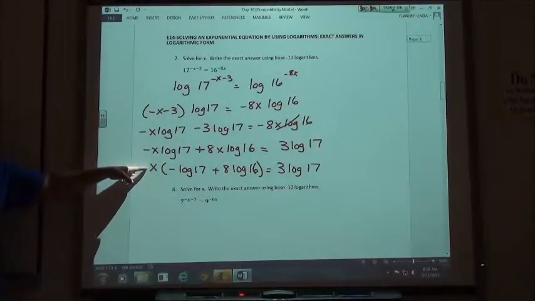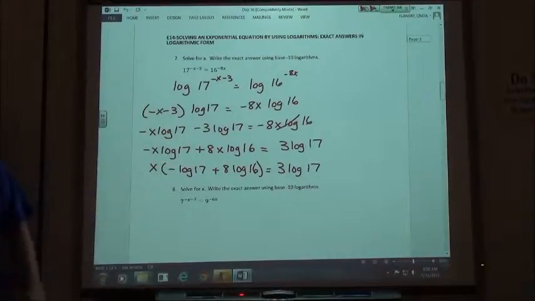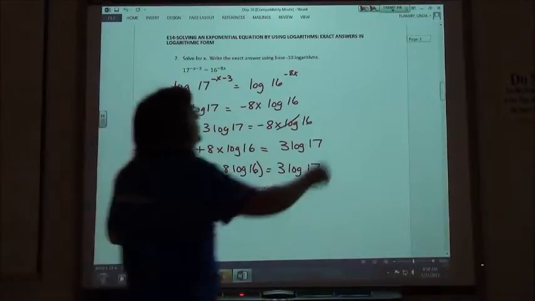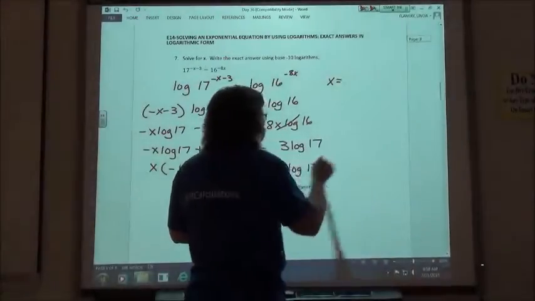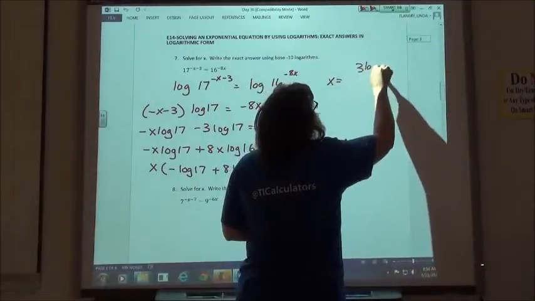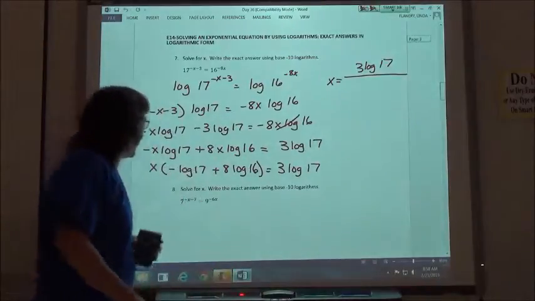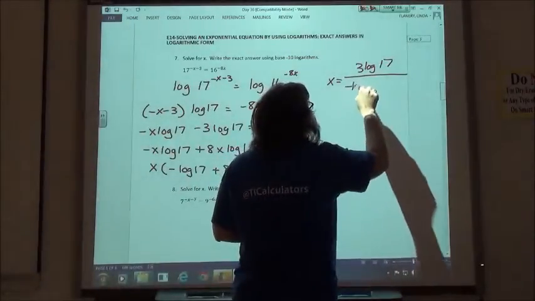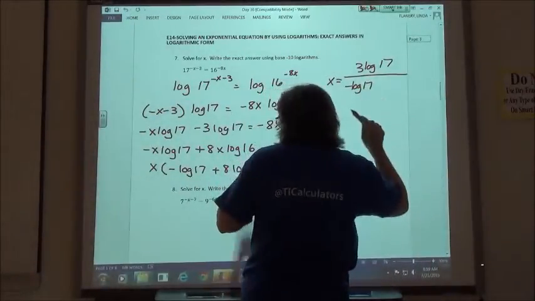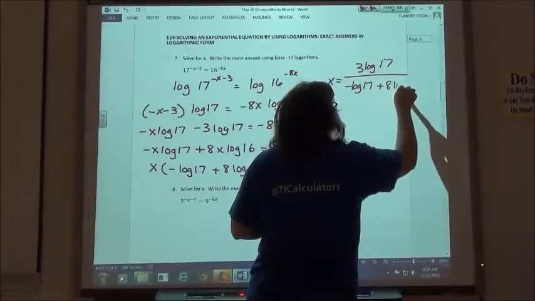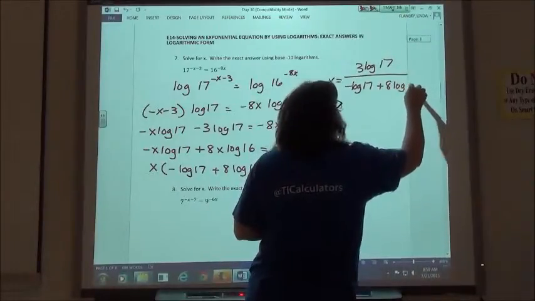And then to get the x by itself, I can just divide by all that stuff in the parentheses. So x is going to equal the 3 log of 17 over all the stuff in the parentheses, so negative log of 17 plus 8 log of 16.